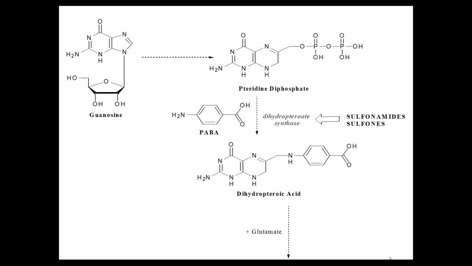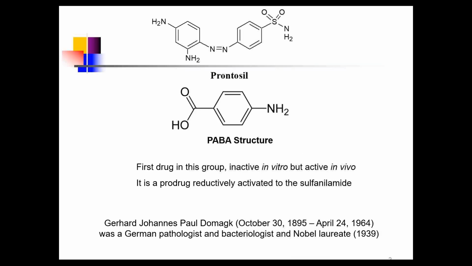Now some compounds of this class of drugs, sulfonamides, have also shown anti-diabetic activity. If you recollect, one of the classes of anti-diabetic agents that we studied contained the example of tolbutamide.